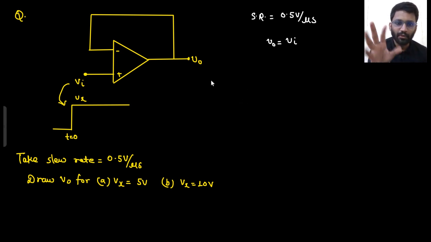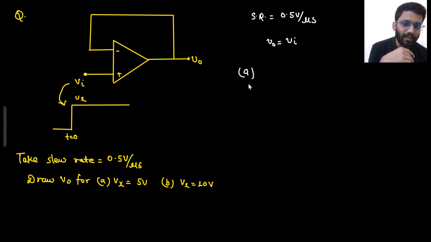Right? So your output will follow the input, but the input is rising from 0 to Vx voltage in 0 time only. But here it will take you finite time. So for rising 5 volt, how much time will it take? 10 microsecond, right? So what will be the answer of A? V0 will be equal to V in.